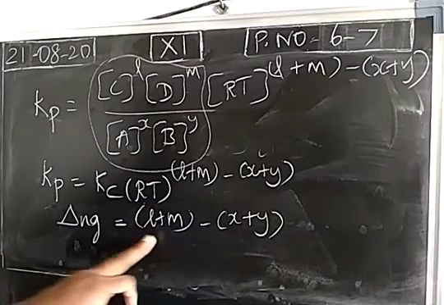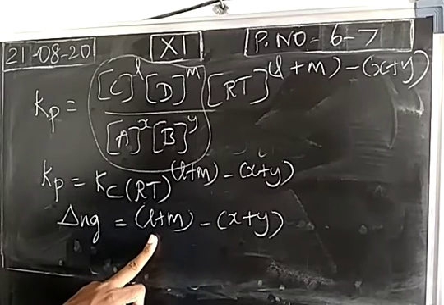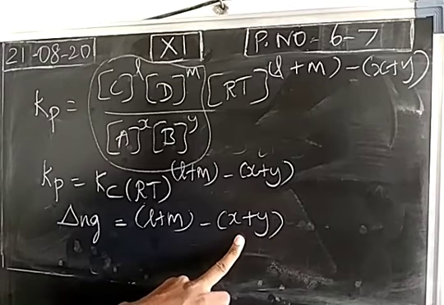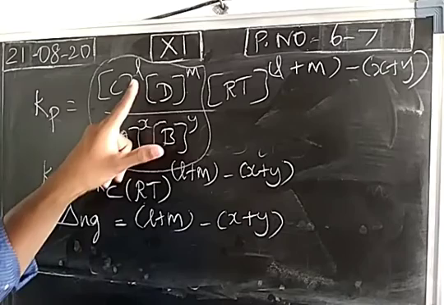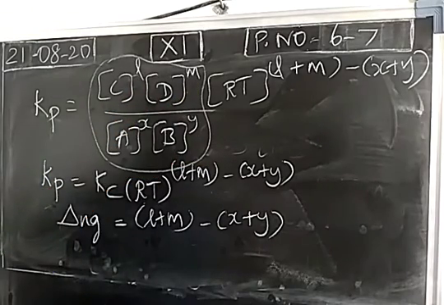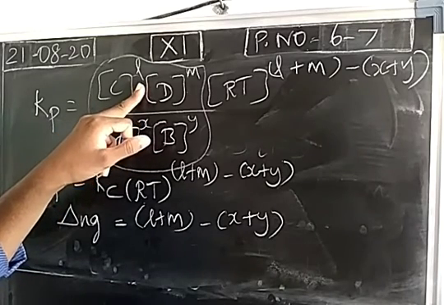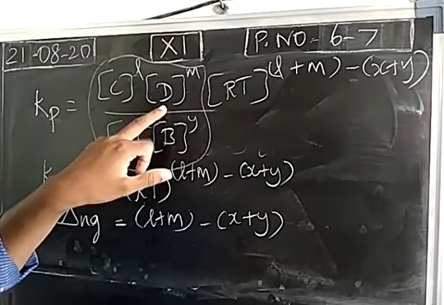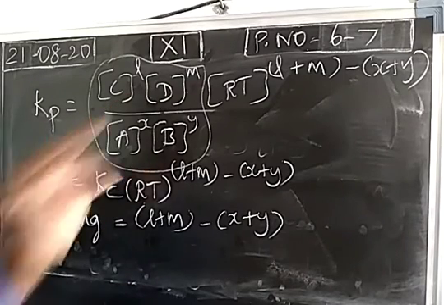Delta Ng means the difference between the sum of number of moles of product and the sum of number of moles of reactant. So these are the coefficients of what? Product. L and M are the coefficients of products C and D. L represents number of moles of product C. M represents number of moles of product D. So the coefficients L and M are the number of moles of products C and D respectively.